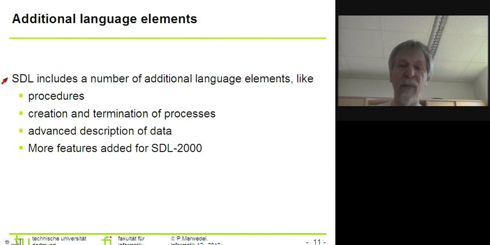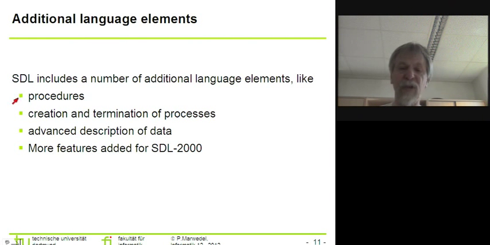Now what I described about SDL serves the purpose of giving you an example of how a language that combines asynchronous message passing with finite state machine models could look like. It's not a full course on SDL, so there is a large number of language elements that I'm not discussing in this lecture.